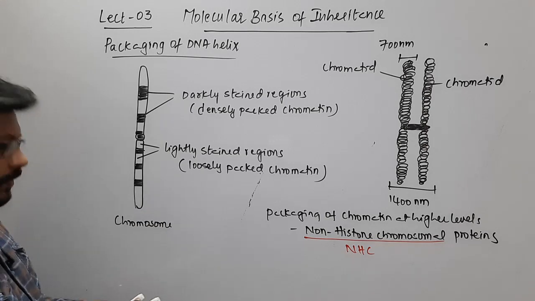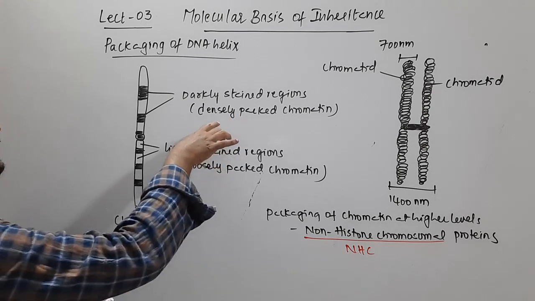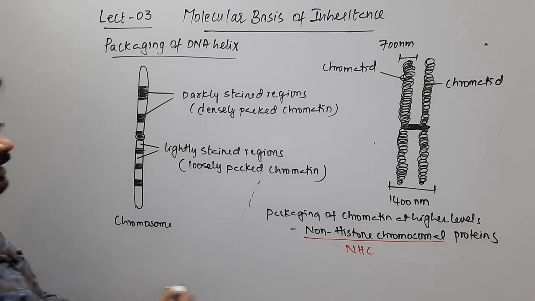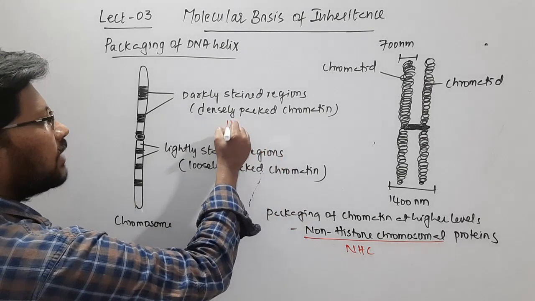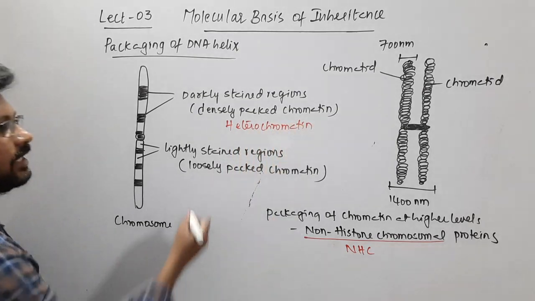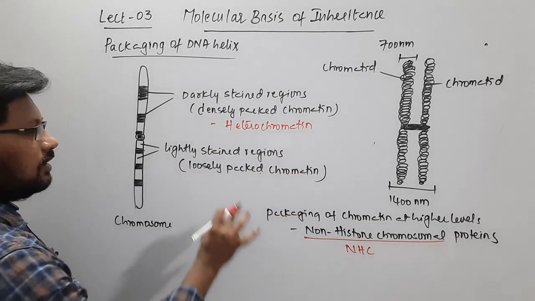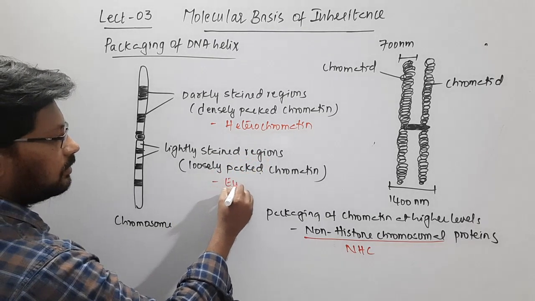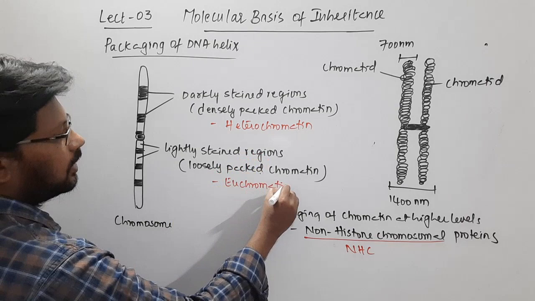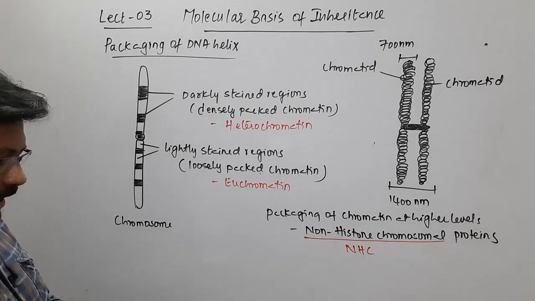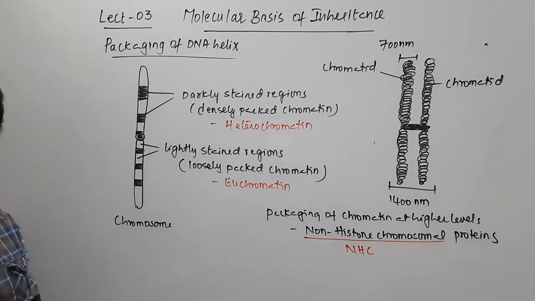So here, why is it this way? These densely packed chromatin regions I call heterochromatin. And this one, which is lightly stained, where we find loosely packed chromatin, is called euchromatin. And it is in the heterochromatin where we see there is no transcription taking place.